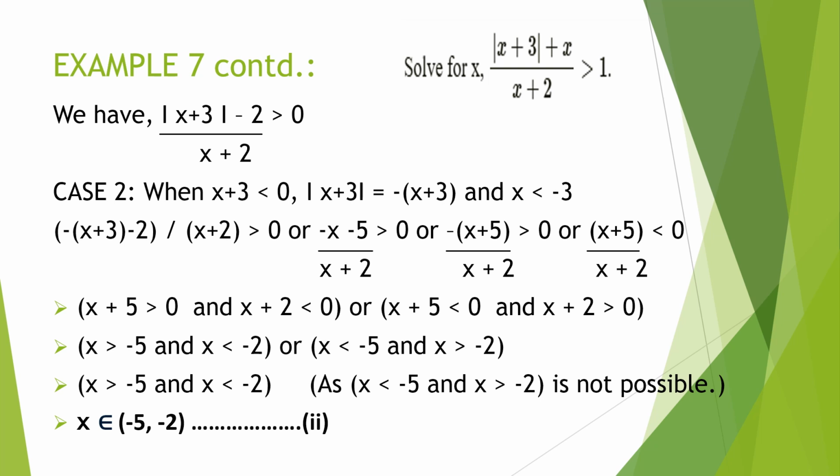But x < −5 and x > −2 both together is not possible. So this particular case will not be applicable. So only we are having x > −5 and x < −2. That means x will belong to the open interval (−5, −2).